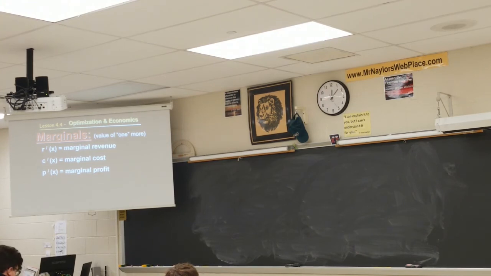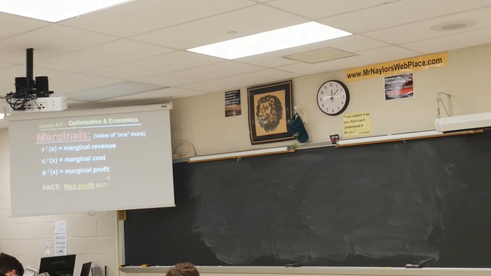You might make more profit selling the 11th cup versus just selling that first cup. So sometimes profit can change. Usually you make more profit when you start selling more, because you've already taken care of a lot of your cost. Again, some of you that take a business calculus class, you'll dig into that more.